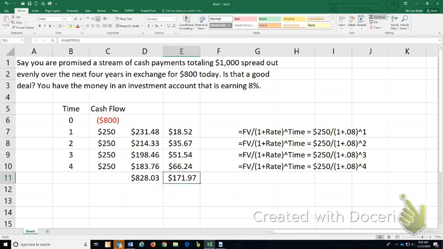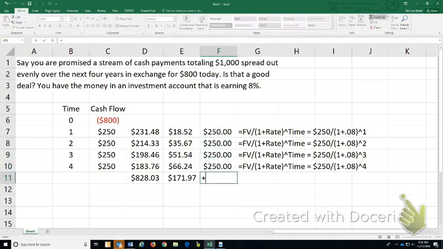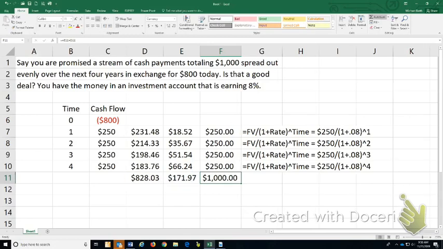So if I started with $828.03, I would also earn $171.97, and that would produce $250 after 1 year, $250 after 2 years, $250 after 3, $250 after 4. So the grand total here would reproduce $1,000.